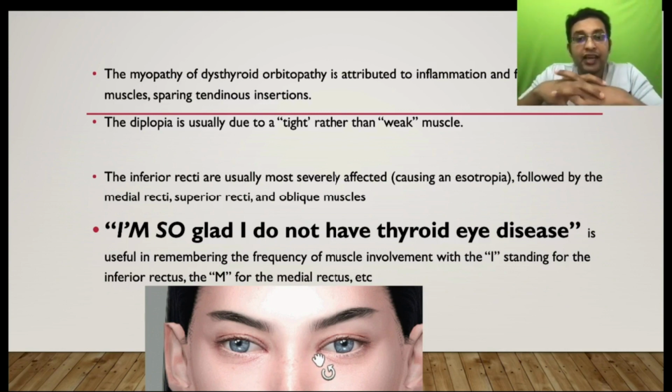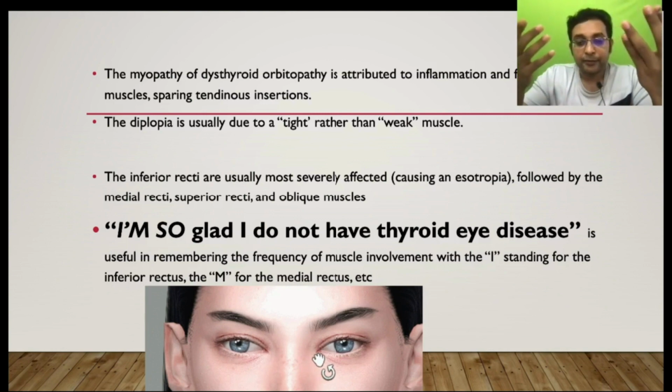So the mnemonic is: I am so glad I don't have thyroid eye disease. So inferior rectus, then medial rectus, then superior rectus, and the superior oblique muscle. One more thing: the lateral rectus will be affected last.